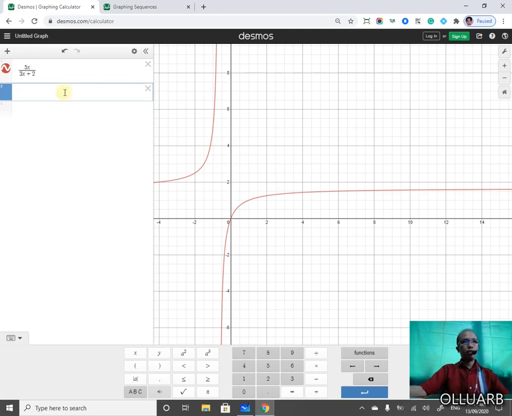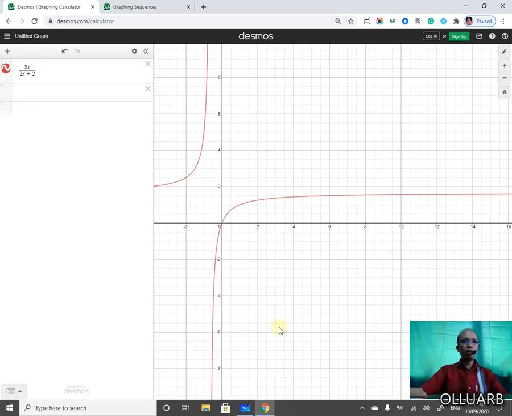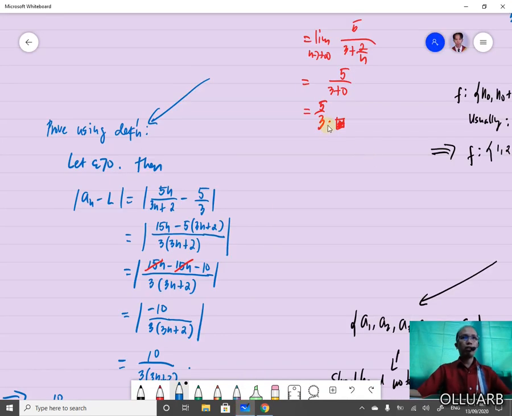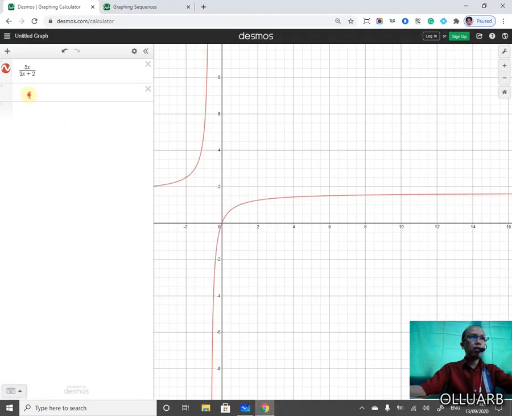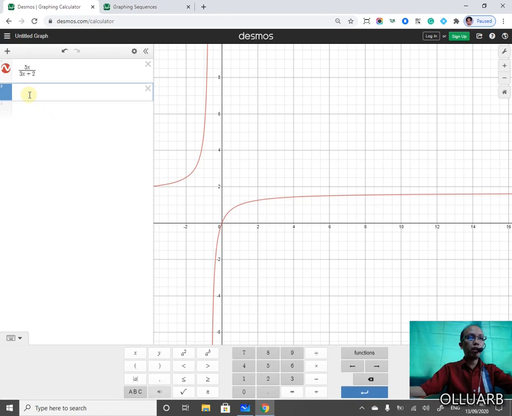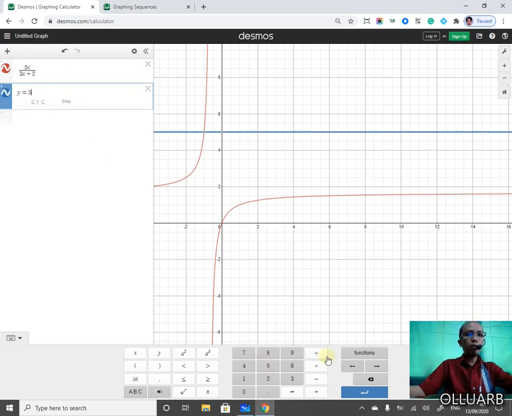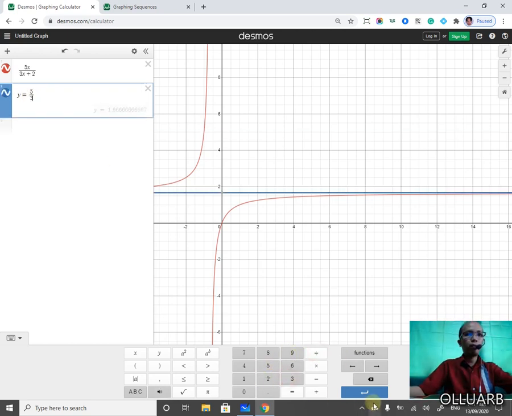Okay, so this is the graph of the function. And notice that the limit is 5 over 3. So let's try to show if the limit is really 5 over 3 as n approaches infinity. So y is equal to 5 over 3.